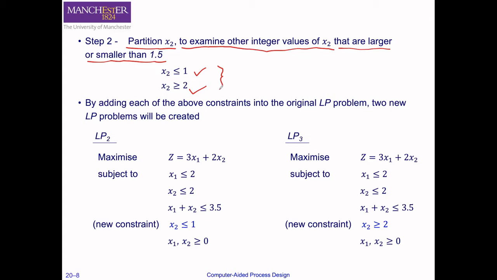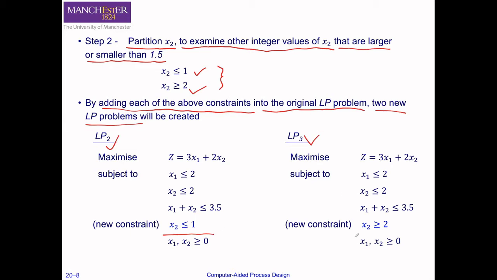For x2, we can add each of these two constraints into the original linear programming problem and create two new linear programming problems. Let's say LP2 and LP3. In LP2, we add the constraint x2 is less than or equal to 1.